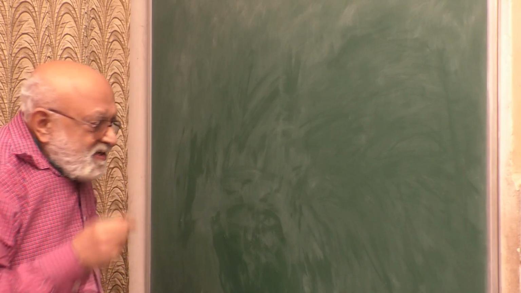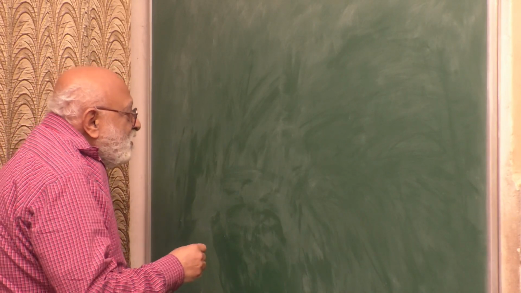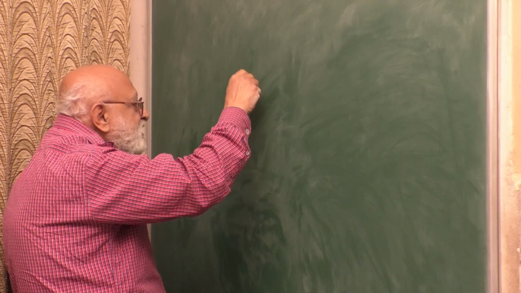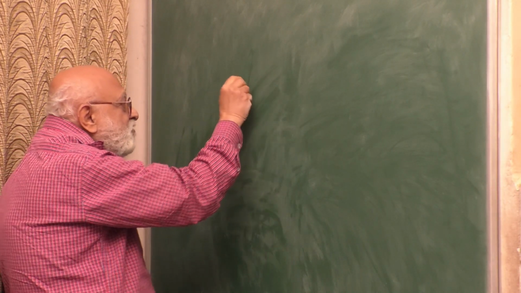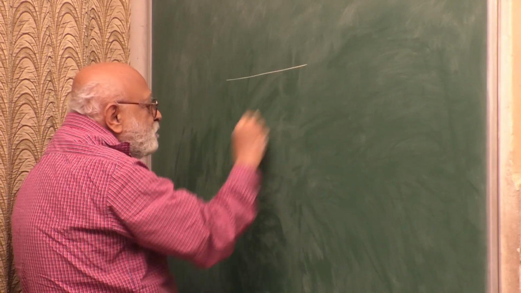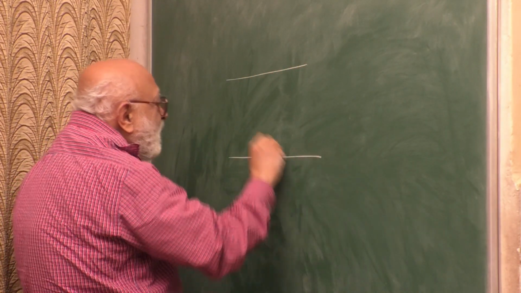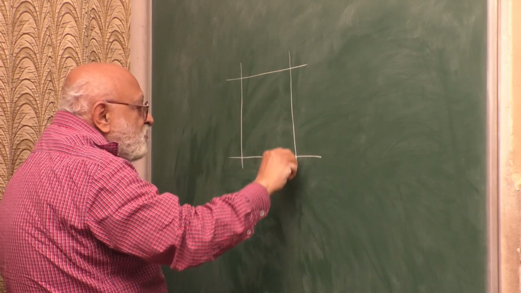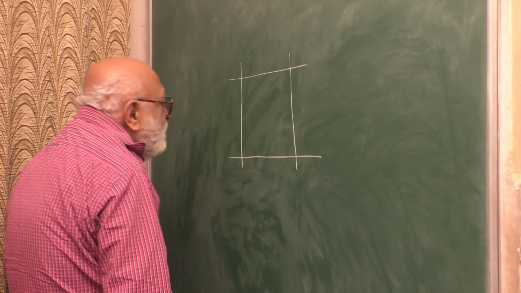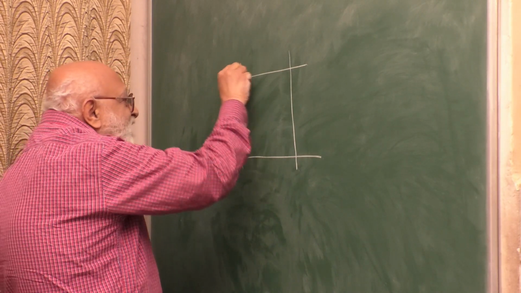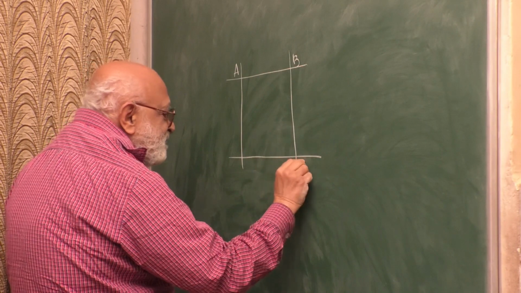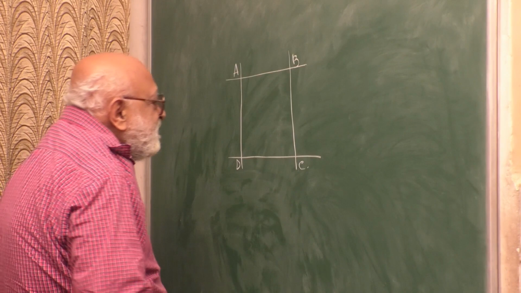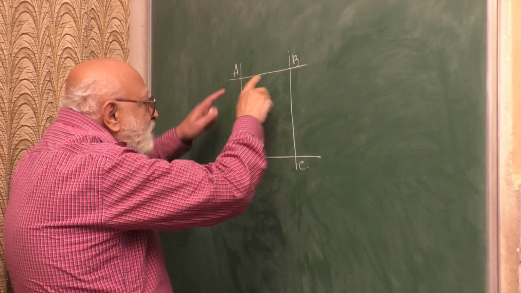We will go for the next property. This time we will go for a parallelogram. In case of a parallelogram, we take two pairs of sides which are parallel. So here we will call it A, B, C, D. I have drawn it a little bit further so that you can see they are parallel lines.